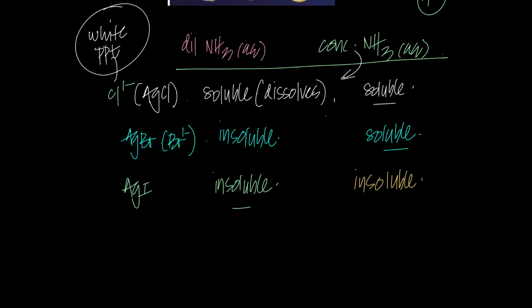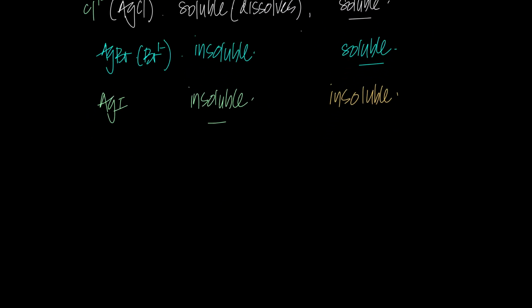Do you know how I've remembered it throughout the years? I'll also teach you that. For chloride, it's soluble. For bromide, it's insoluble. For iodide, it's insoluble. See, first both sol, then insol, then insol. That's how I remembered it throughout the years.